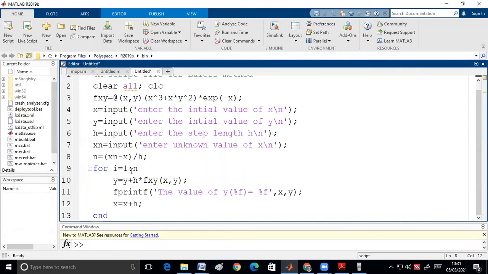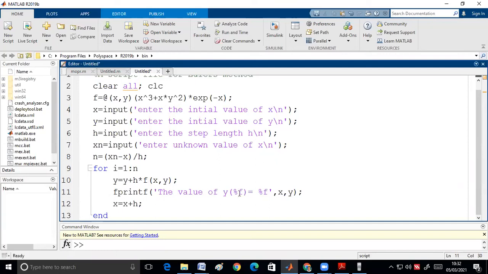For I equals to 1 to n, find out the y value, y equals to y plus h into f, or you may use f simply, without any confusion. Directly use f, then no problem. So our function is a function of two variables x comma y. So directly substitute x value, y value here. Directly you will get new y value, and print y value and f value.